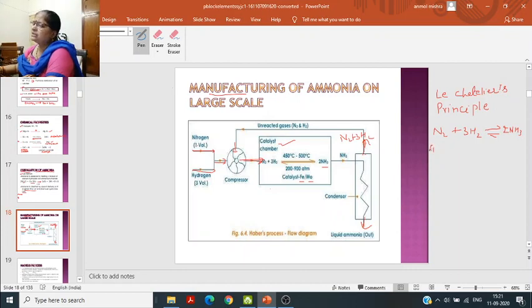Now first is concentration. Increase the concentration. I am writing this for the favorable conditions of manufacture of ammonia. So if you increase the concentration, formation of ammonia will increase.